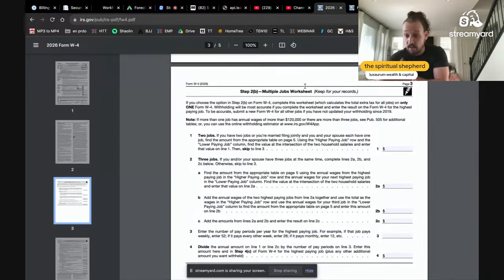Now they're telling me as a server, this is what they're saying. They're telling me that when I get tipped $1,200 in the week, that I should make close to zero on my paycheck. It's kind of like I'm getting an advance, is actually the term that they use.